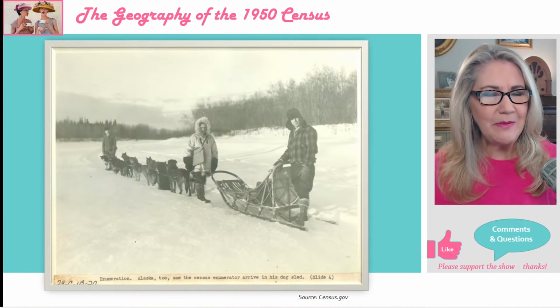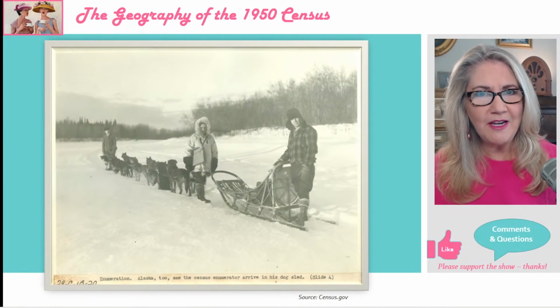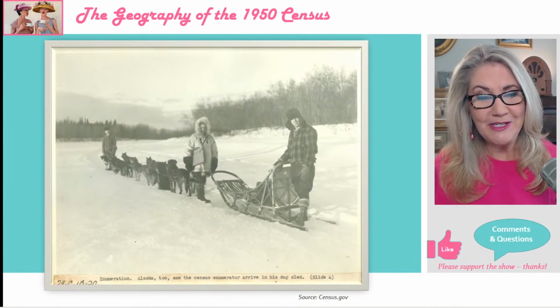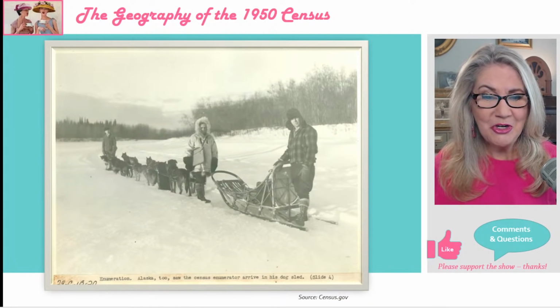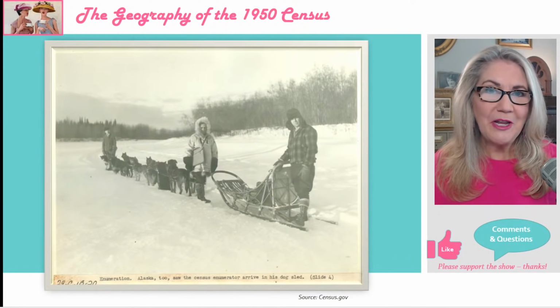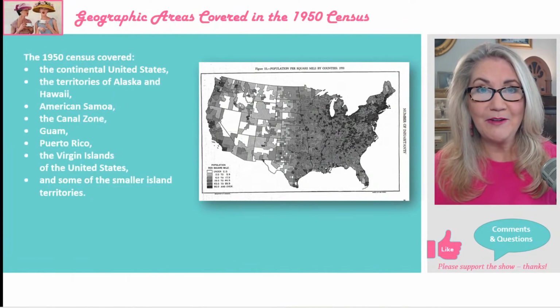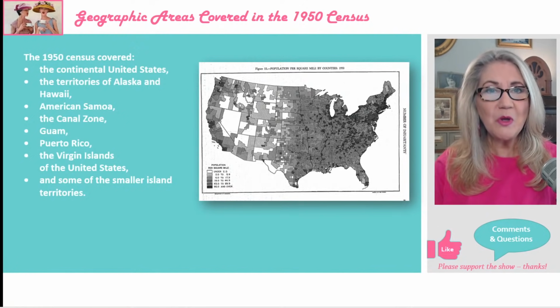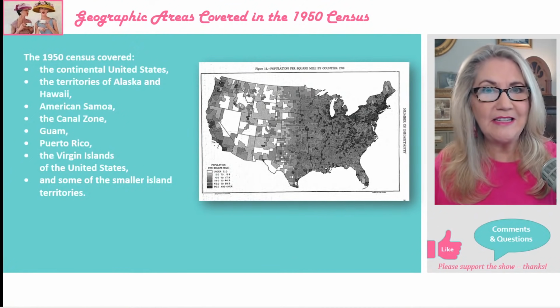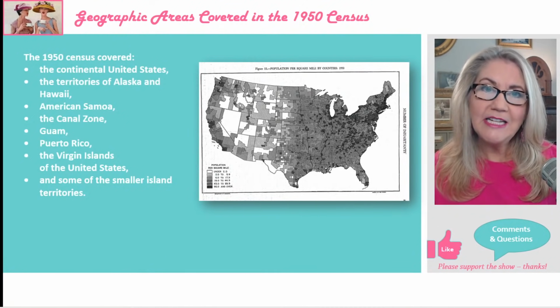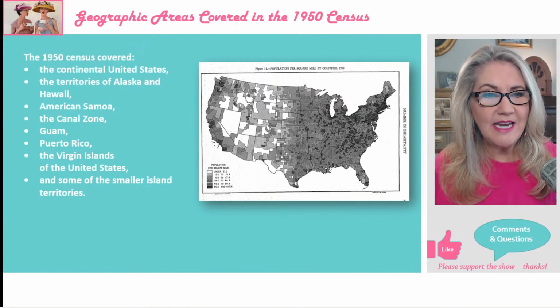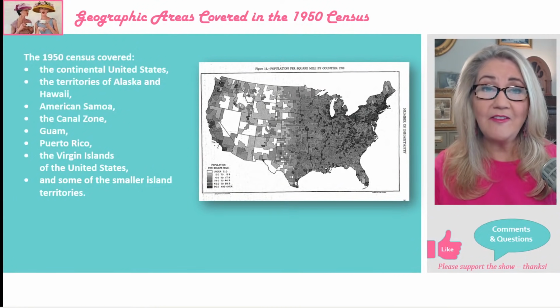We need to talk a little bit about the geography of the 1950 census. It's fascinating to see the efforts that were made. Here's showing that they're working within the territory of Alaska and doing a census. That's a brave census taker. Okay, so geographically, what did this cover? The continental United States, right? Those 48 states, the territories of Alaska and Hawaii.